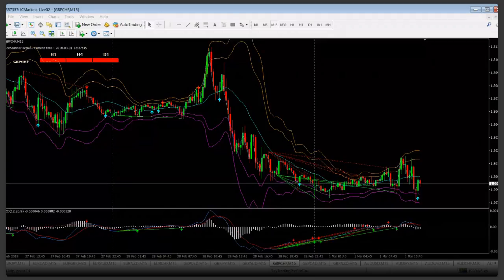So just waiting for some of these trades to happen. Uh, 28 pips so far today.